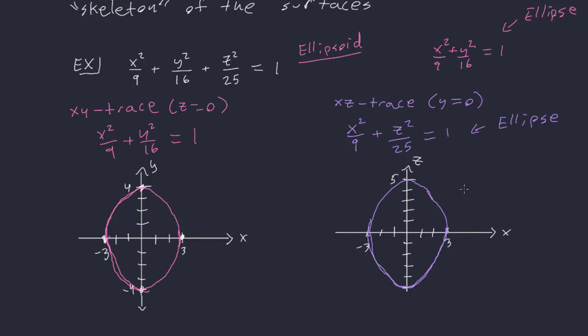So there is the XZ trace, and I sometimes do this: I'm putting a pink line here because we're looking at this straight on the side, and so really there is that XY trace here.